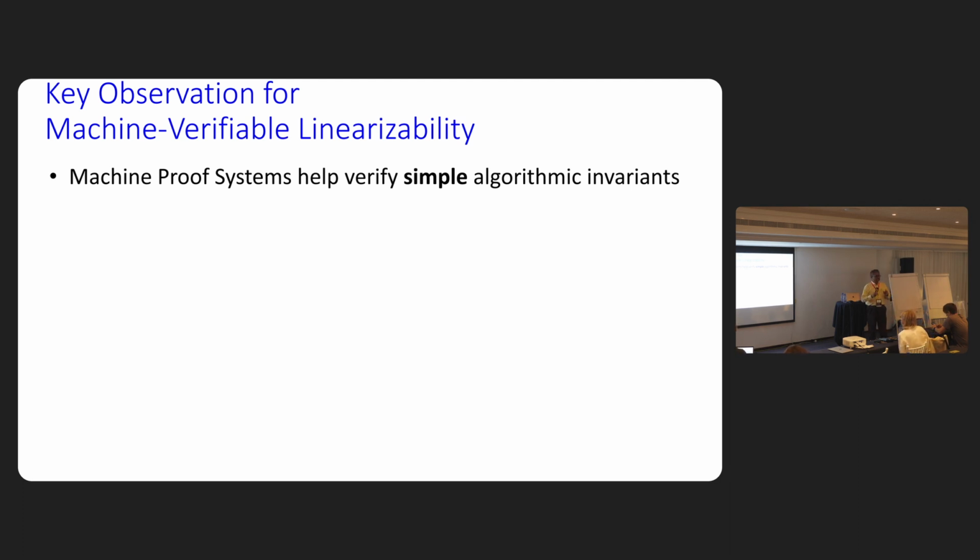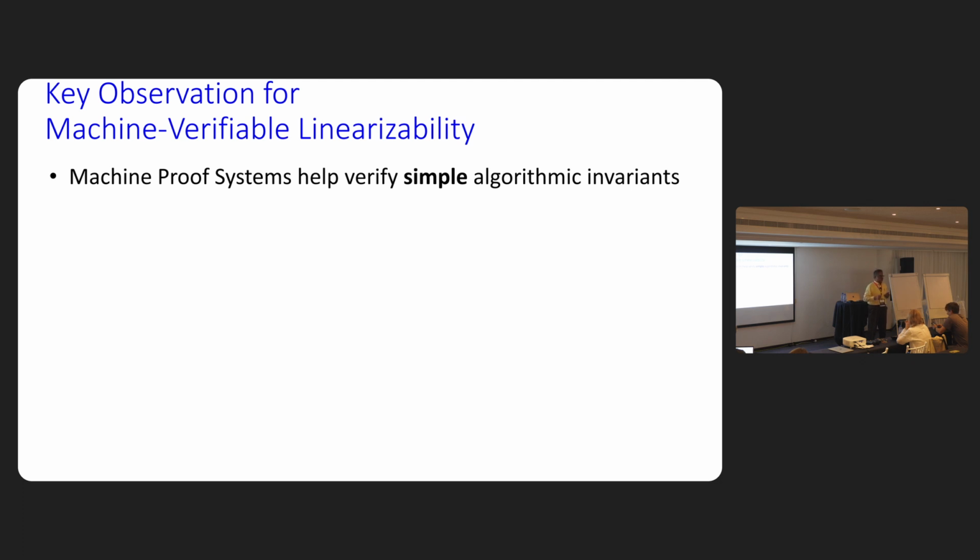Machine proof systems, meaning software proof systems, are good with certain things. What are they very good at? They're very good at verifying simple algorithmic invariants. So, for instance, if you give a software proof system your algorithm and the inductive invariant that your algorithm satisfies, and the proof that the algorithm satisfies the inductive invariant, the inductive proof, then the system can be convinced, if your proof is correct, that your proof is correct.